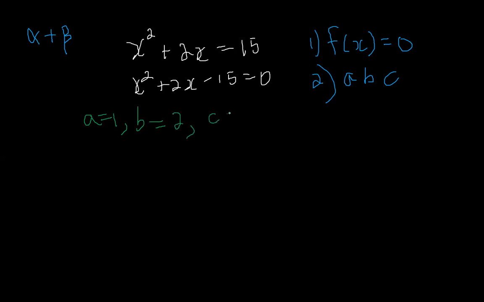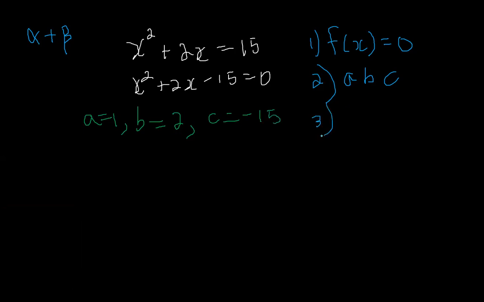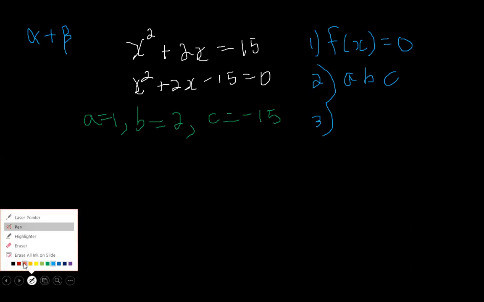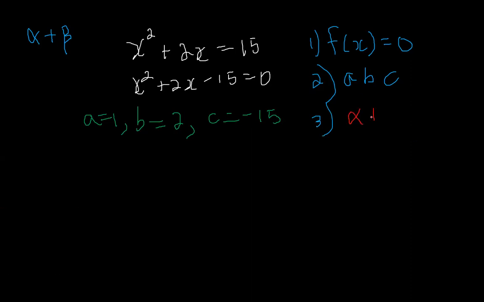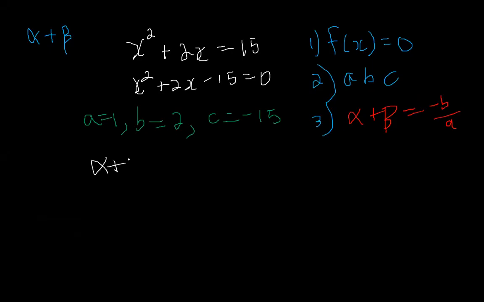Third step: sub the values for B and A into the formula minus B over A. So alpha plus beta is equal to minus B over A. If I want to find alpha plus beta, what am I writing? Negative 2 over 1, which is negative 2.